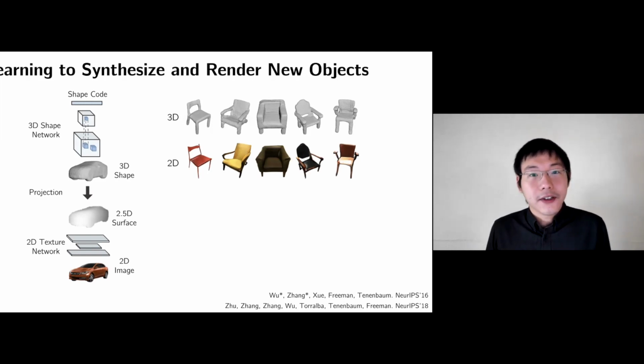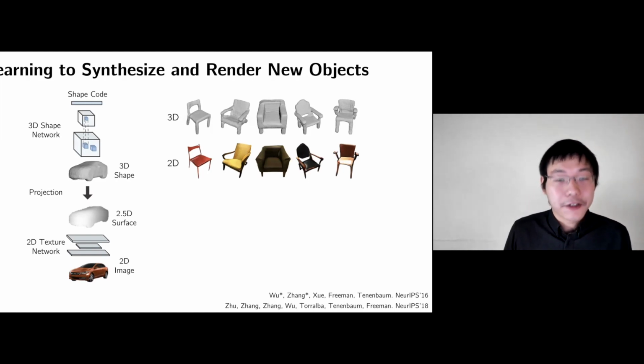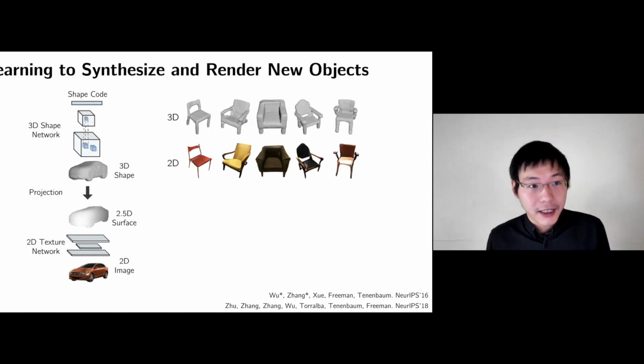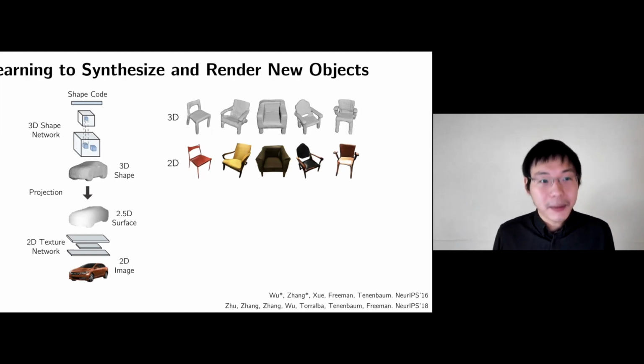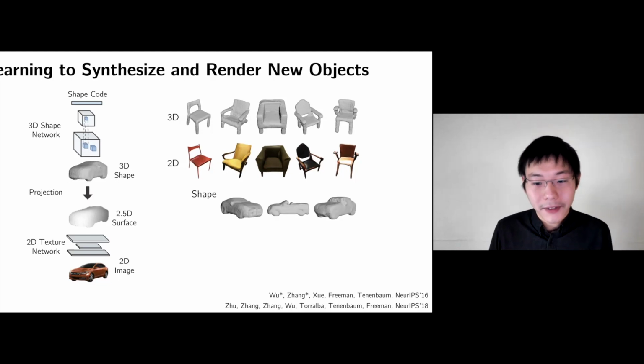And here, this also gives you additional flexibility in controlling the images you synthesize. You have this shape representation, and when you're doing projection, you can control the viewpoint. And when you're applying 2D textures, you can also control the textures. So for example, if I'm synthesizing some interesting cars, I feel like, oh, they look pretty good.